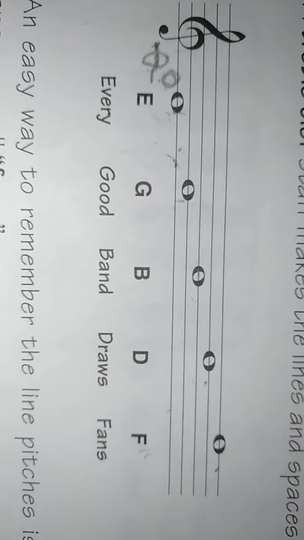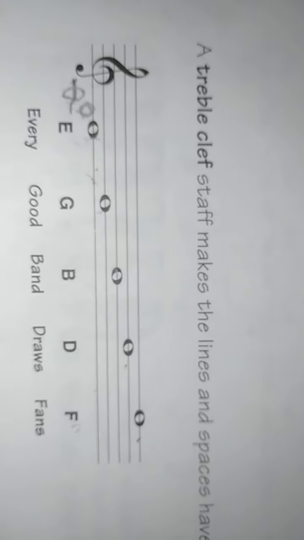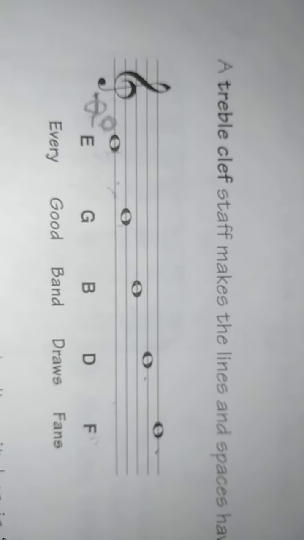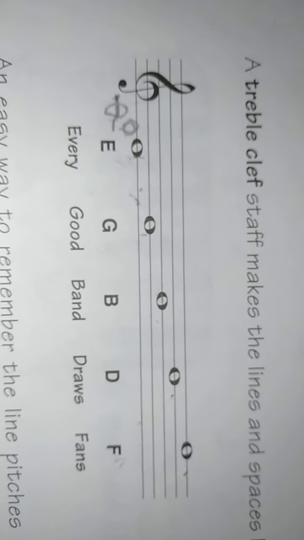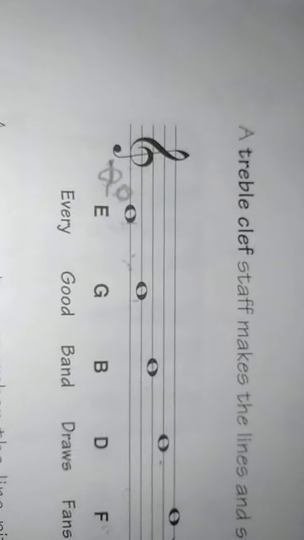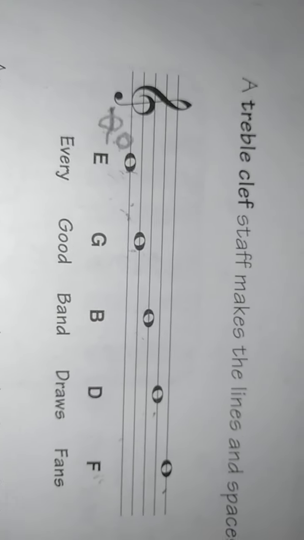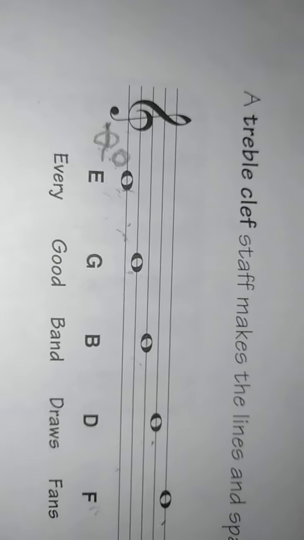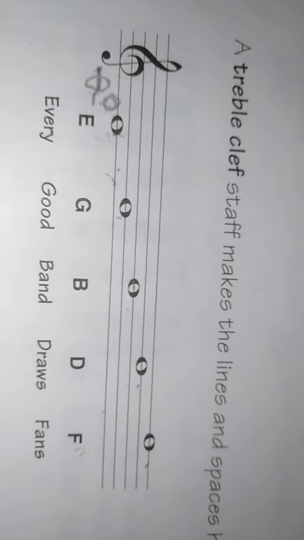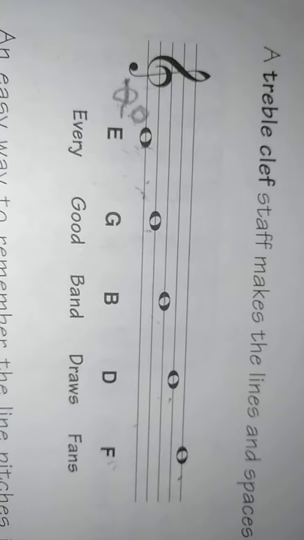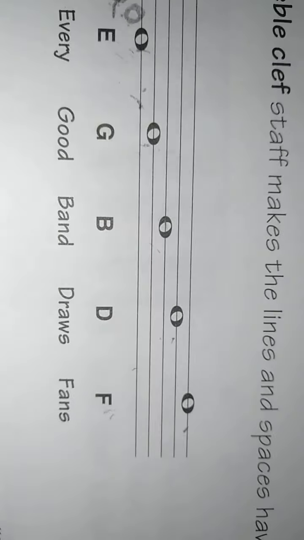There should be 5 lines, and these 5 lines are called a stave. The stave is a plural, singular is staff, S-T-A-F-F, double F. So in the singular it is called staff. In the plural, many lines on one page are called the stave. And music is written on these 5 lines.